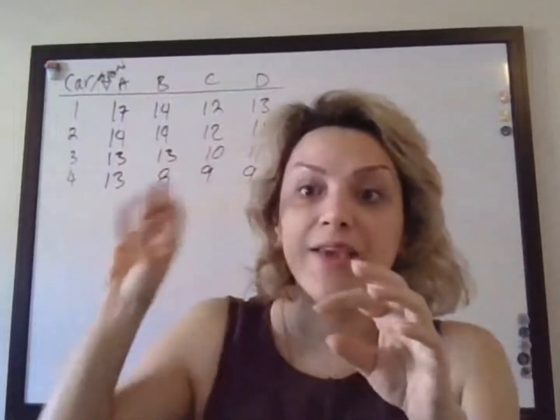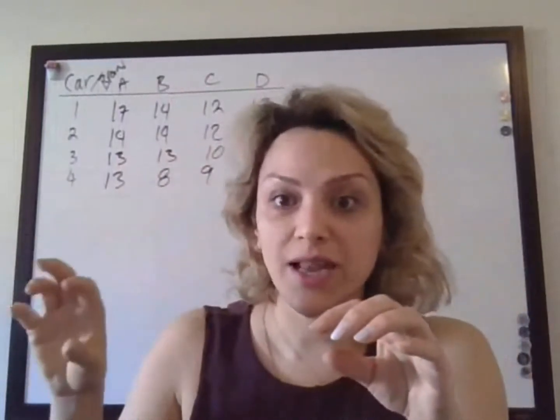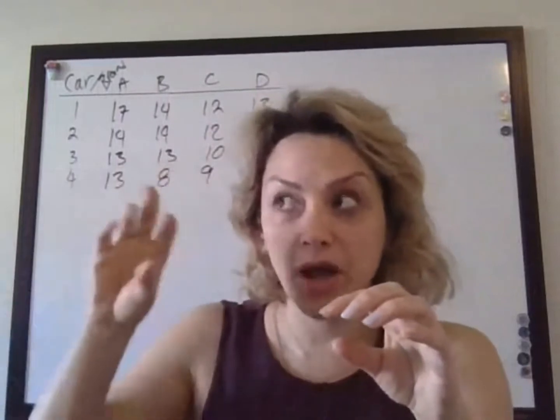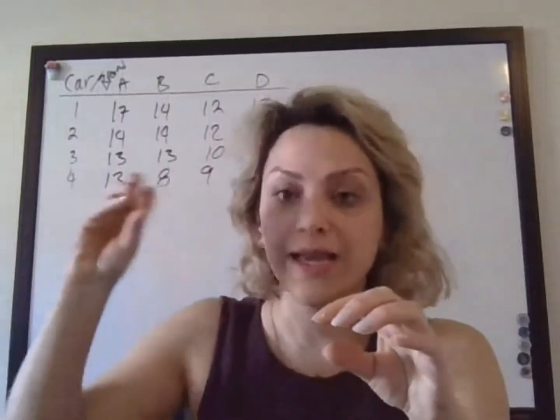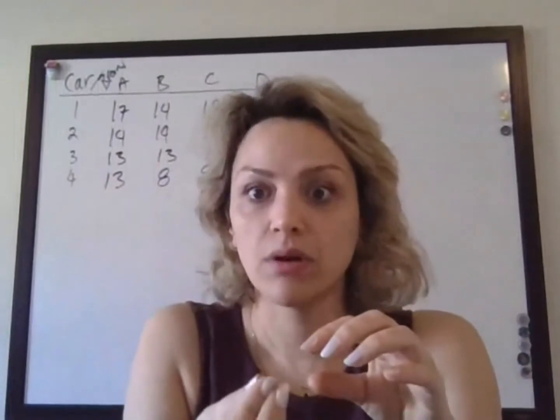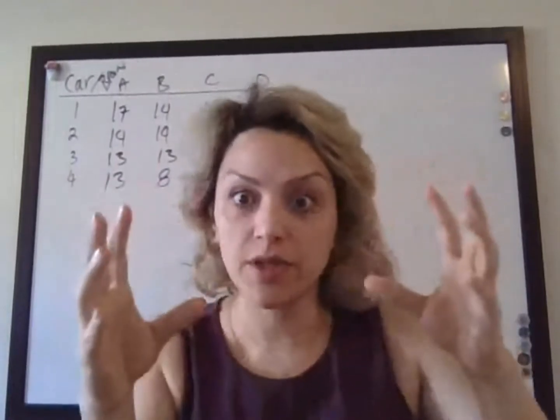So if you don't consider the blocking, what's going to happen is that the blocking as a source of variation is going to go inside the stomach of the error. Your error is going to be huge, right?